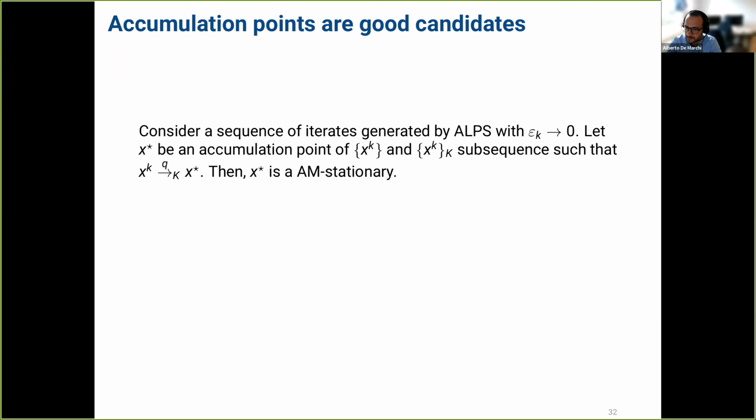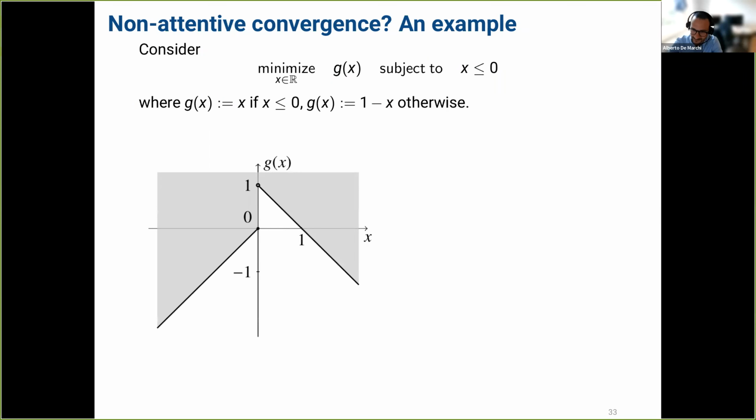Here we have to notice the little q on top of the arrow, meaning that we need some sequence to go to our accumulation point attentively. So not only xk goes to x star, but also q of xk goes to q of x star. This is not trivial or automatic, and an example is given here. We have just a one-dimensional problem.